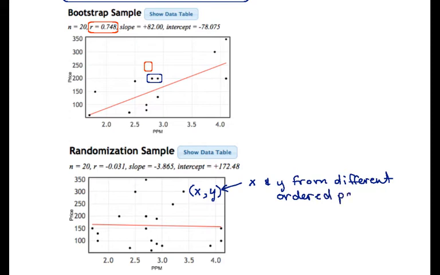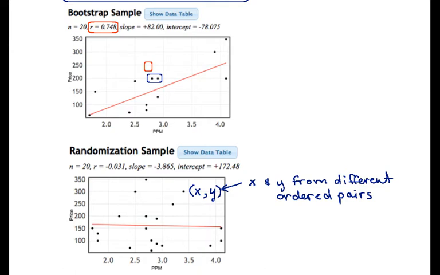The idea is that under the null hypothesis, there's no association between X and Y anyway. So what we do to generate a distribution that's based on the null hypothesis is completely disassociate all of our X's from all of our Y's and create a pool of X's and a pool of Y's and draw randomly from those pools to generate points.